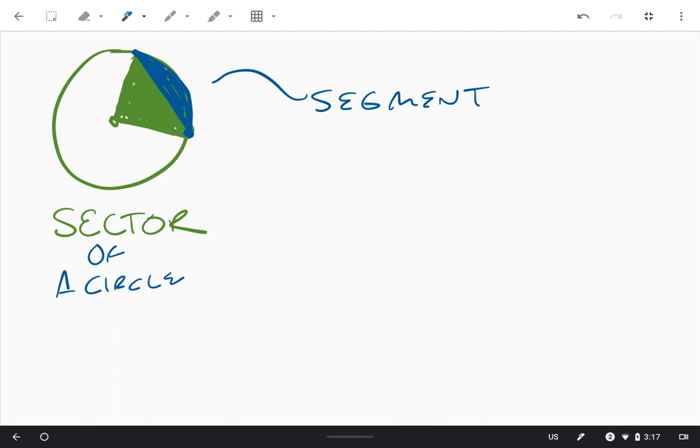The sector is the area that is completely within that angle, and this segment area is just the part that is beyond the chord that runs through that sector.